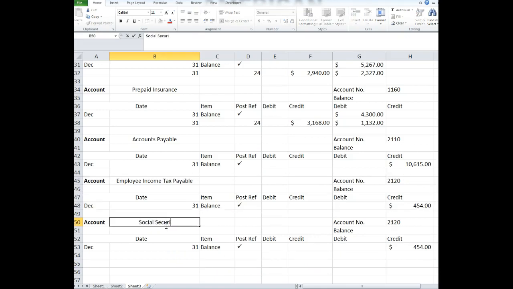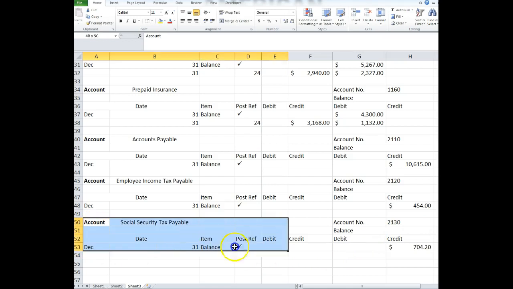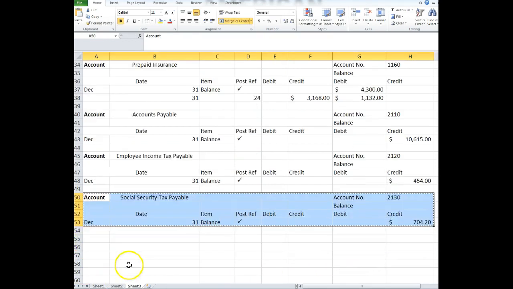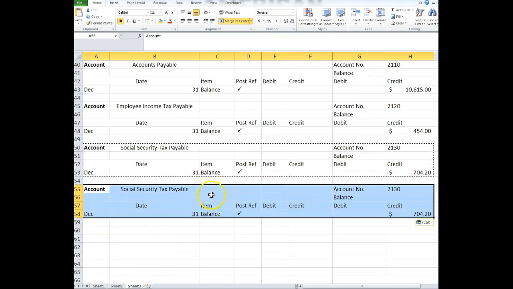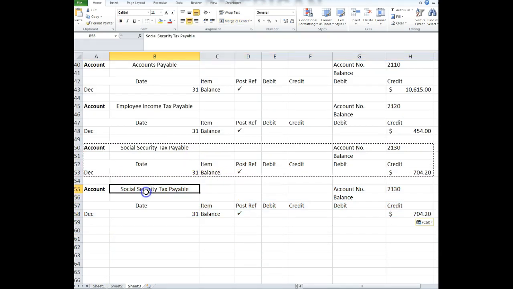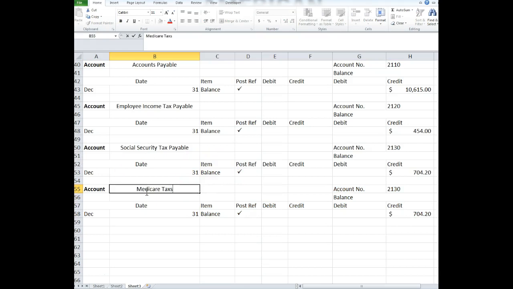Social Security. Okay, Social Security tax payable is what? Next, we have Medicare tax payable.